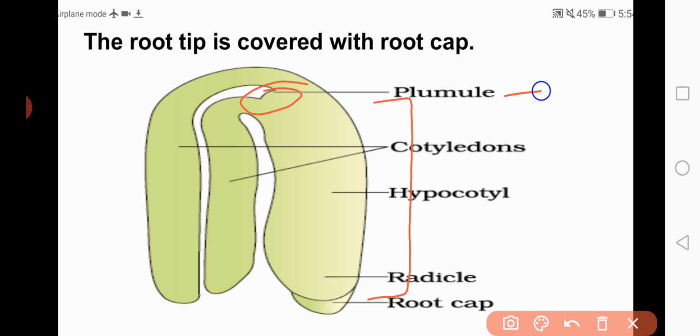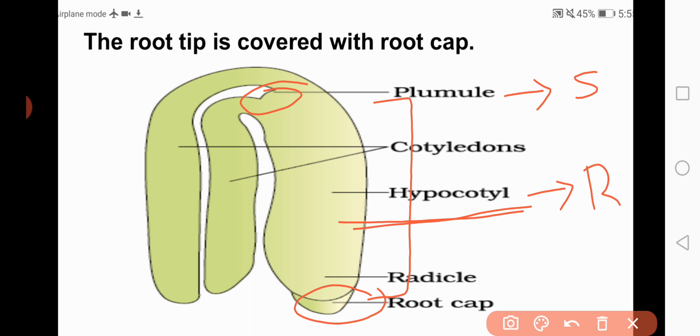This plumule later on develops into the stem portion, whereas the cylindrical portion below the level of the cotyledons, that means this portion, constitutes the hypocotyl, which terminates with the radicle. This radicle later develops into the root, and the root is provided with the root cap. What is the function of the root cap? It protects the tip portion of the root system.